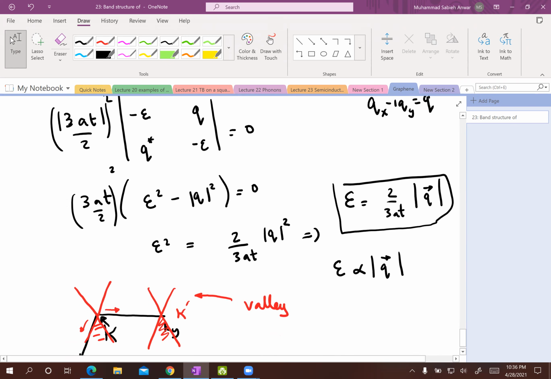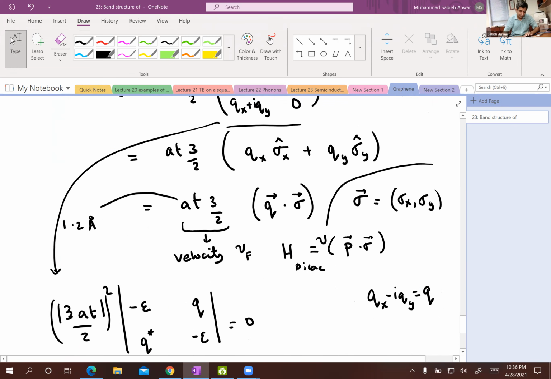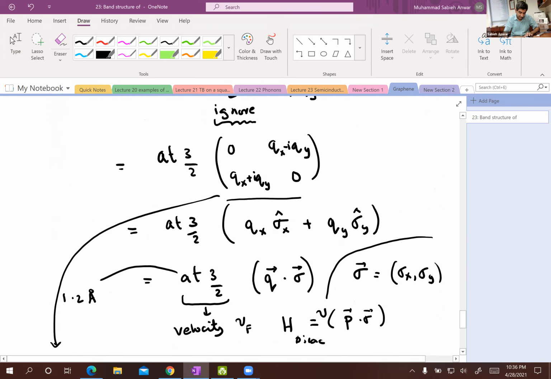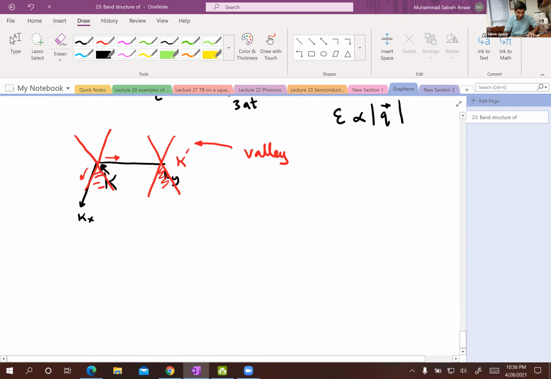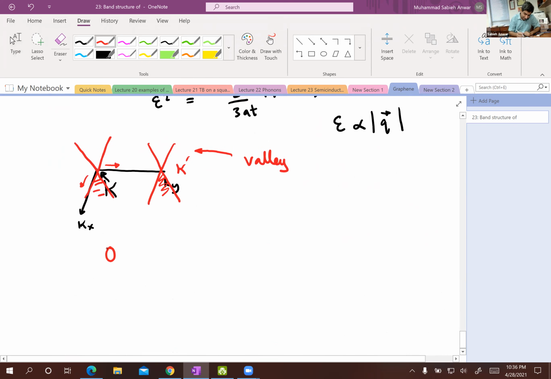Oh, I made a small mistake. So my equation is 0, 3at over 2 q, 3at over 2 q star, 0, acting on alpha beta equals 0. This is my equation.